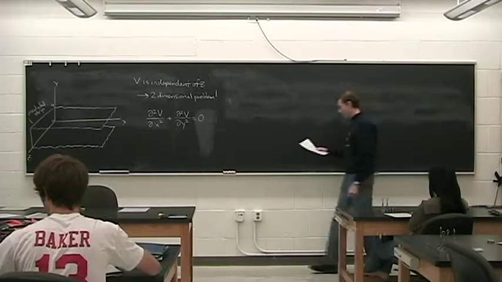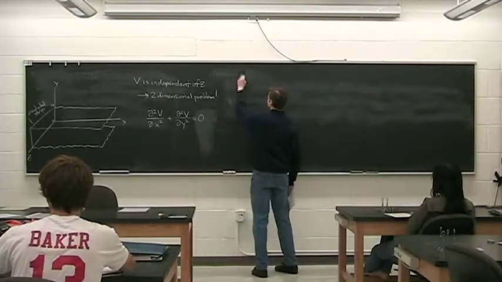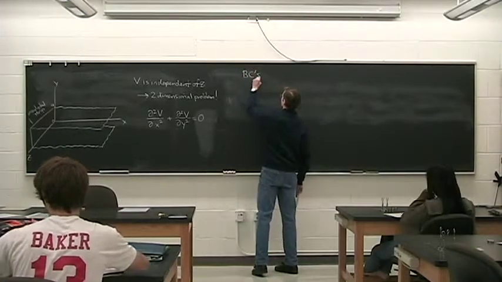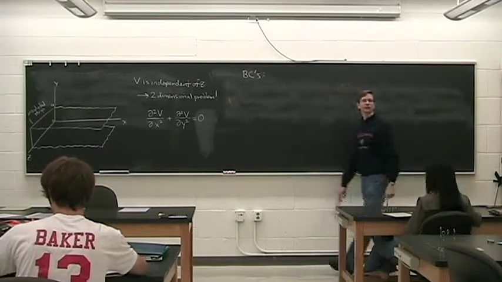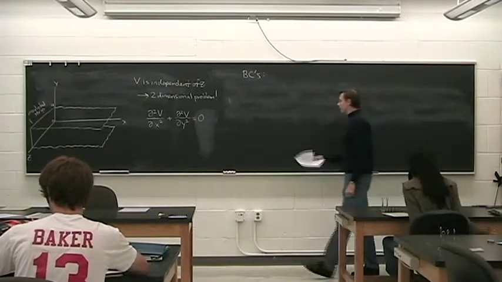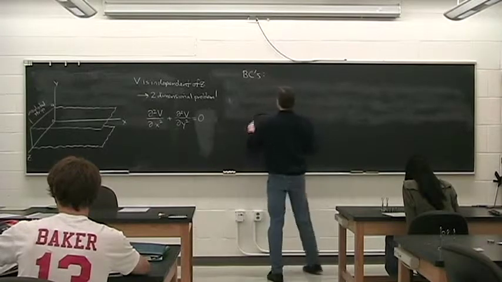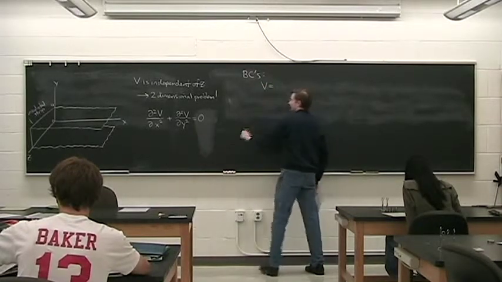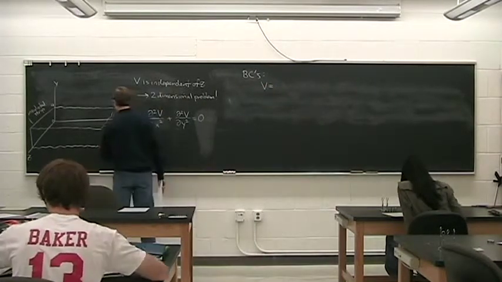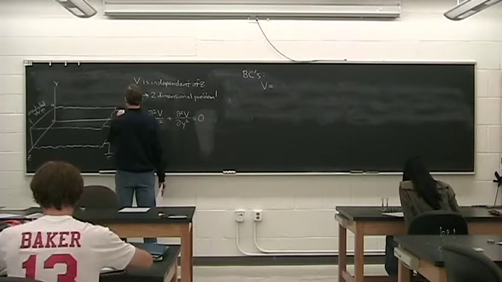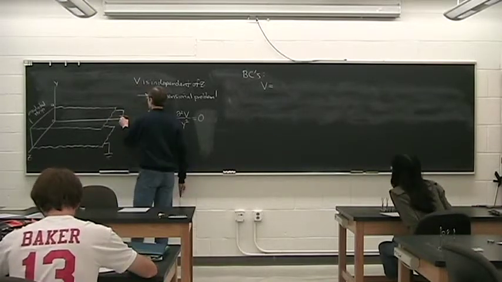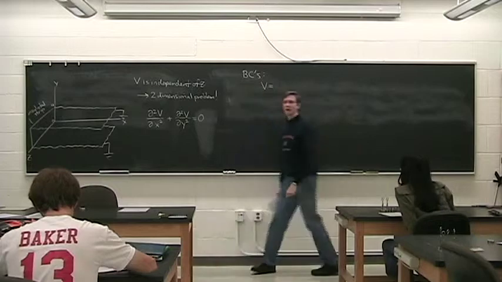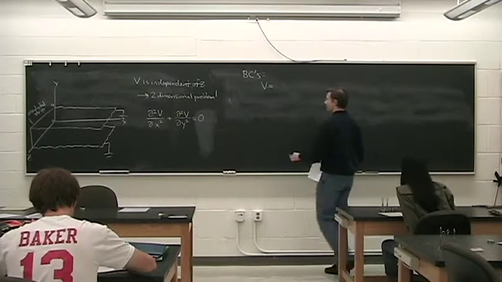Alrighty. We got some BCs here, some boundary conditions. These guys are both grounded, so therefore V is 0 on both of those planes.